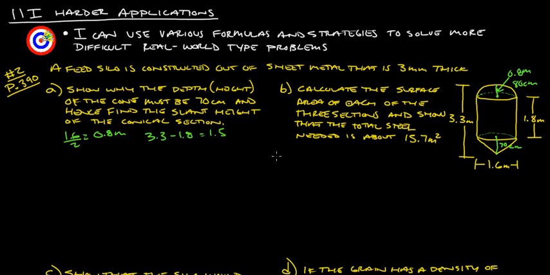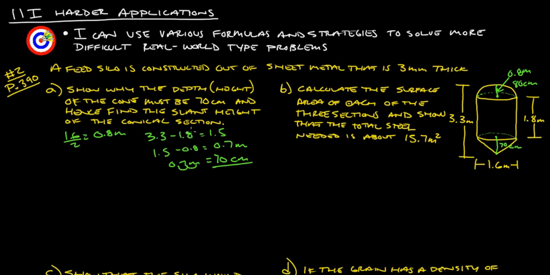We just figured out that this is 0.8, so if we take 1.5 minus 0.8, that leaves us with 0.7 meters. They say that it needs to equal 70 centimeters, and guess what? Meters to centimeters, move it over twice to the right, and we get 70 centimeters. So we have now shown why the depth, or the height of this cone, must be 70 centimeters.